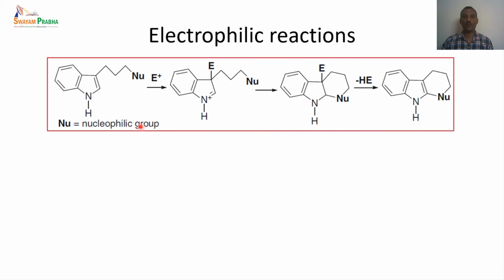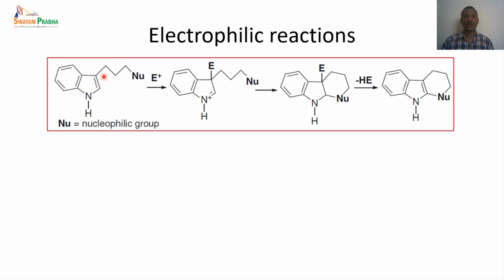Then this is another important reaction for indole, because we will be looking at some of the important indole derivatives, because many alkaloids and other things are used as drugs and are also formed in nature. All of them have the indole moiety. So how those kinds of cyclization occur is shown in this particular scheme.